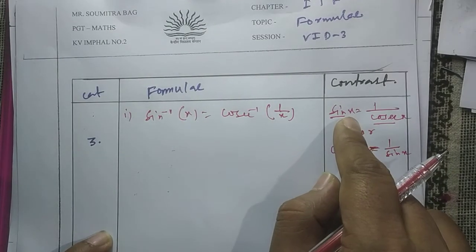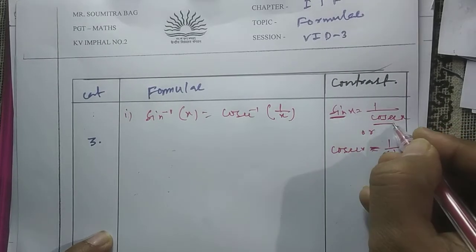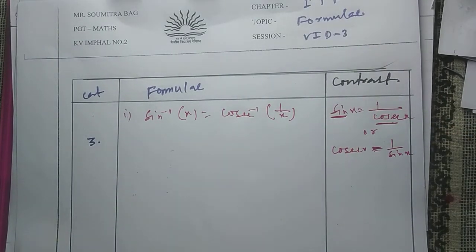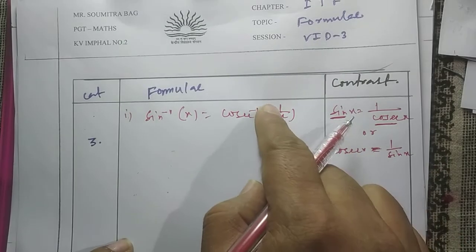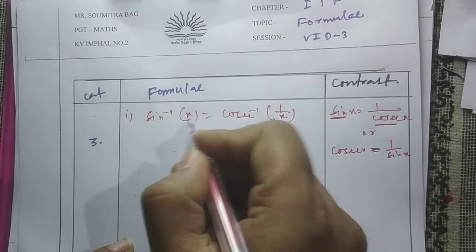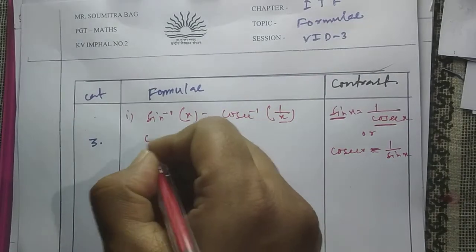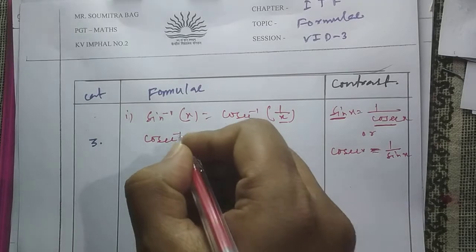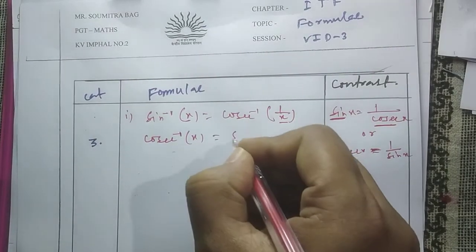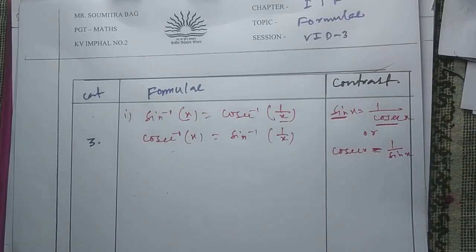But in the case of trigonometric ratios, what happened? Sin and cosec both were reciprocals. But don't be confused in the case of inverses. Here only this value will be reciprocal. Understood? Similarly here, cosec inverse x can be written as sin inverse of 1 by x.